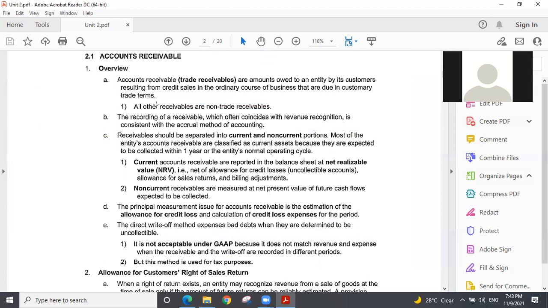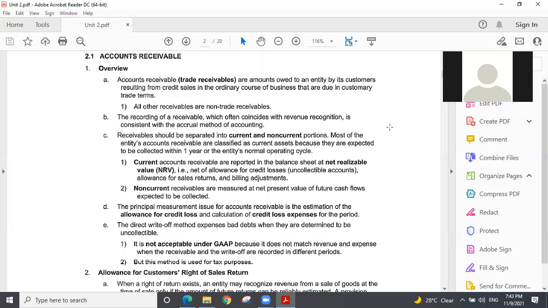Then the recording of a receivable, which often coincides with the revenue recognition, is consistent with the accrual method of accounting. So when you do the revenue recognition, you are supposed to record your receivables also, right? The receivables should be separated into current and non-current portions. Most of the entity's accounts receivable are classified as current assets because they are expected to be collected within 1 year or the entity's normal operating cycle.